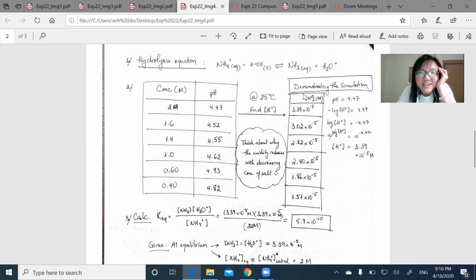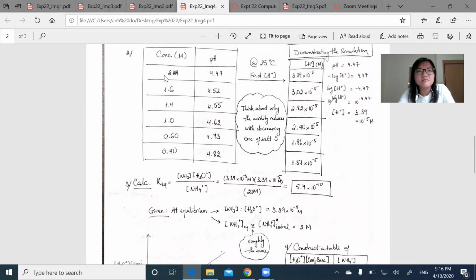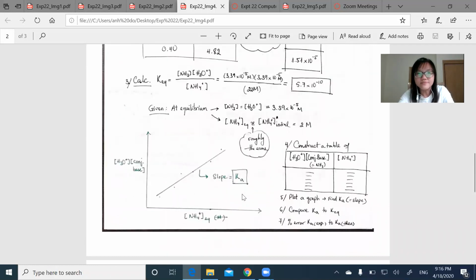So find the concentration of H plus across the 6 values of your salt concentration, and then think about Le Chatelier's principle and ask, why does your pH increase? Why does it get more basic with less concentration of salt in the solution? Just think about it.